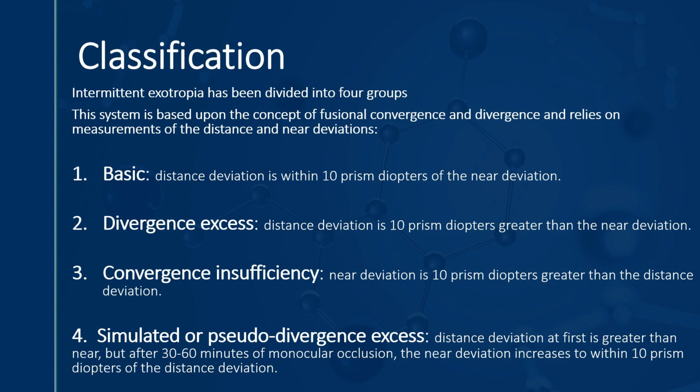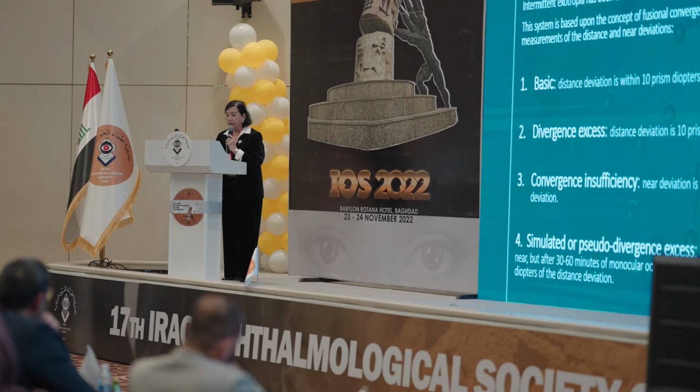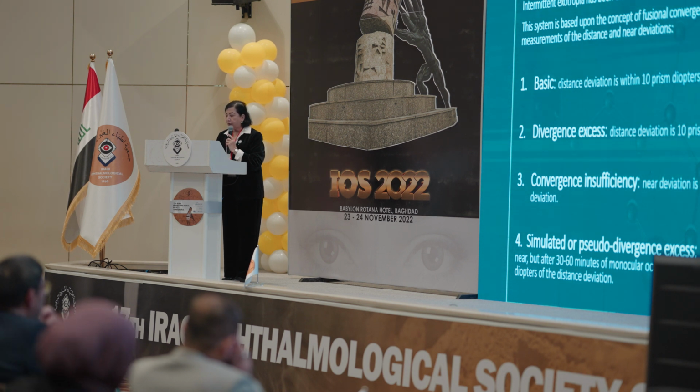Third, convergence insufficiency: the near deviation is 10 prism diopters greater than the distance deviation. And lastly, we have simulated or pseudo-divergence excess, where the distance deviation at first is greater than the near, but after 30 to 60 minutes of monocular occlusion, the near deviation increases to within 10 prism diopters of the distance deviation.